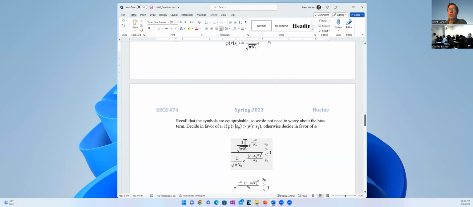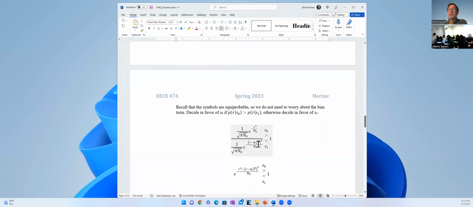But if this fraction is greater than 1, that means the numerator has higher probability than the denominator. I'm hand waving there, but then we would decide in favor of S0.